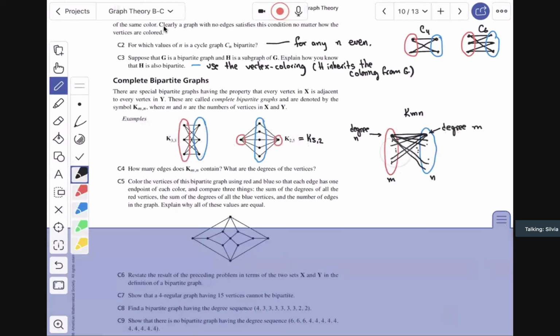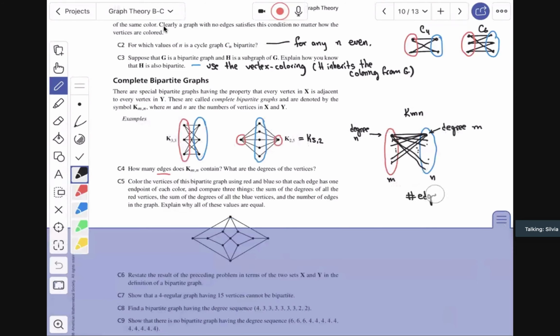And you could use the degree theorem if you want. The sum of the degrees equals twice the number of edges, because we were also looking for the edges. But you could also just use one of the sides and say each one of these generates n edges, and we're done counting everything.